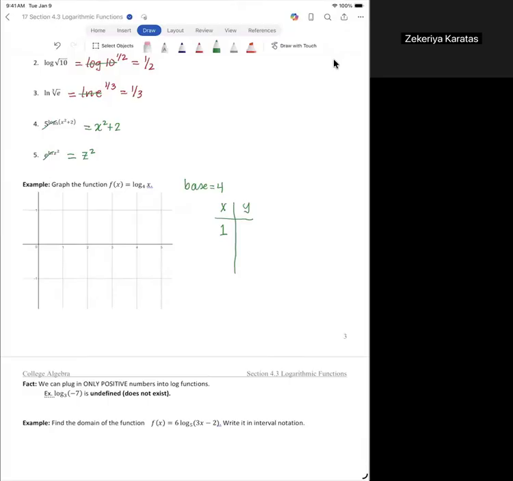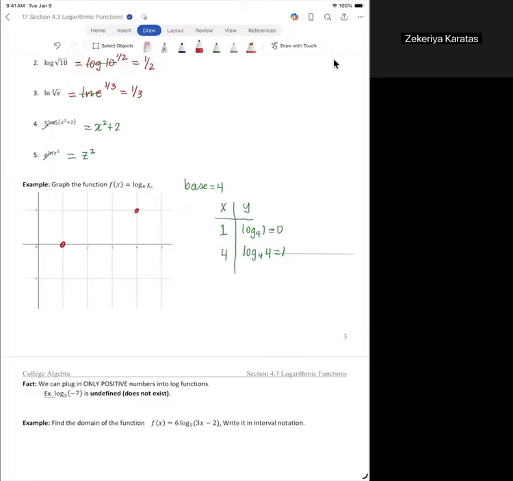It should be positive. So if you plug in 1, log base 4 of 1 will be 0. If you plug in 4, log base 4 of 4 will be 1. So at 1 it's 0, and at 4 it's 1.